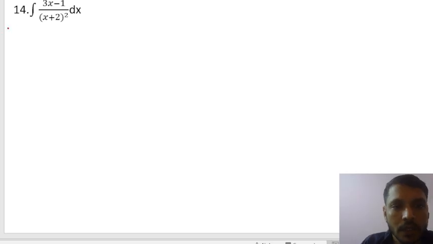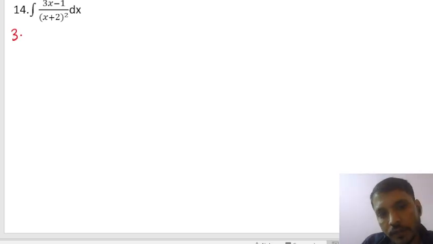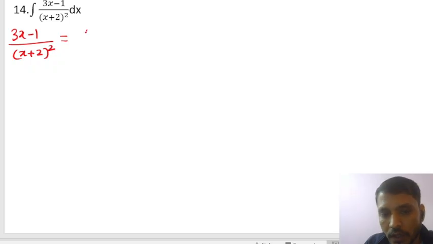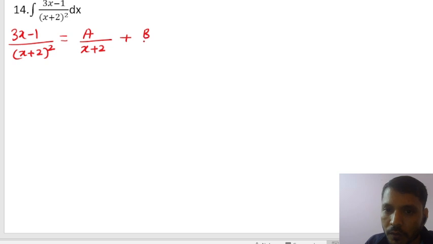Here our integrand is 3x minus 1 divided by x plus 2 whole square. So it will become a divided by x plus 2 plus b divided by x plus 2 whole square.